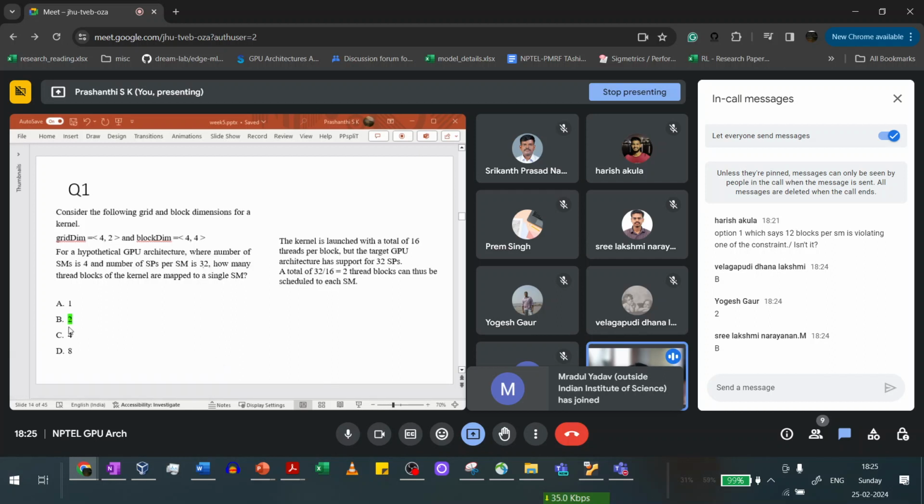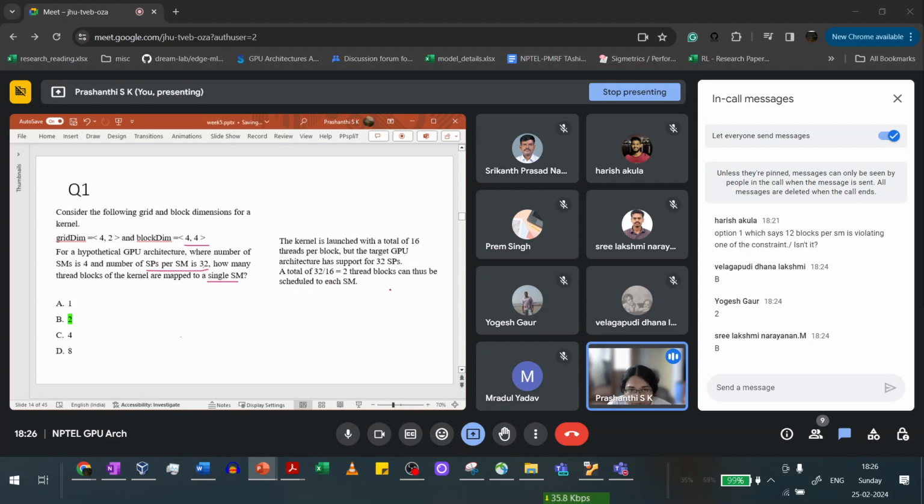So it is B, 2. Let's quickly look at how that is. The kernel is launched with 16 threads per block, basically this 4 into 4. And your target GPU has 32 SPs per SM. Your question is asking about a single SM, by the way, so we have to look at only this part.